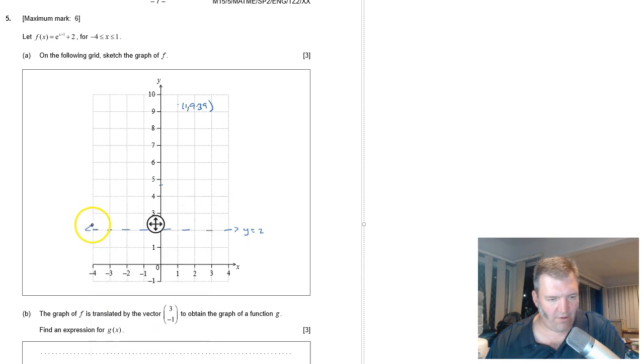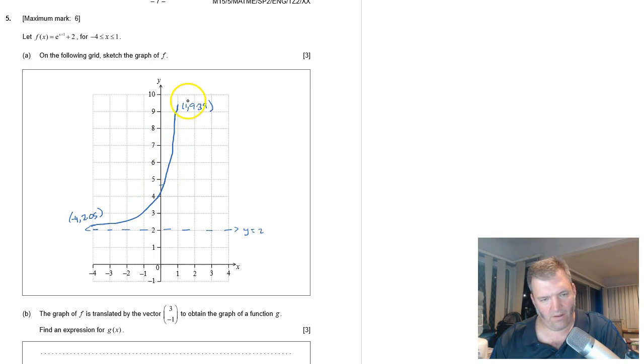Now you'll hopefully be doing this where your arrow doesn't cross over it. But there you go, so that's the point there, -4, 2.05. I've got 3 points that it's going through, so typical exponential function in shape.